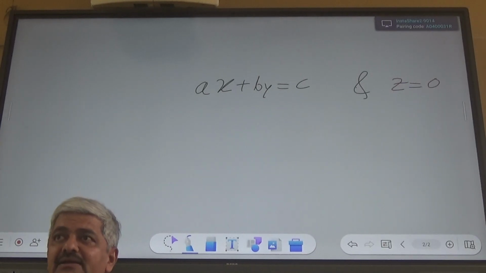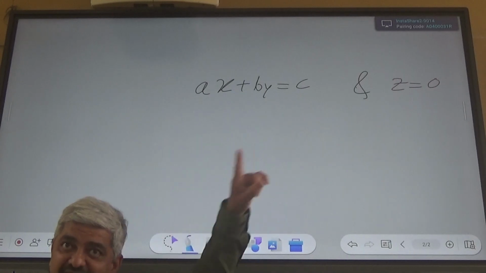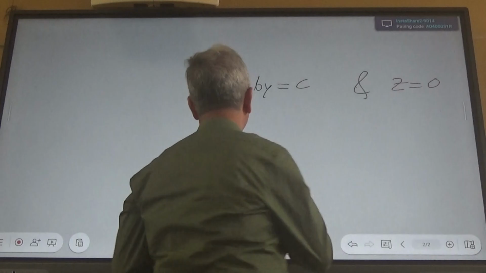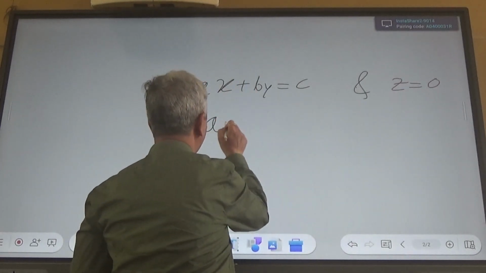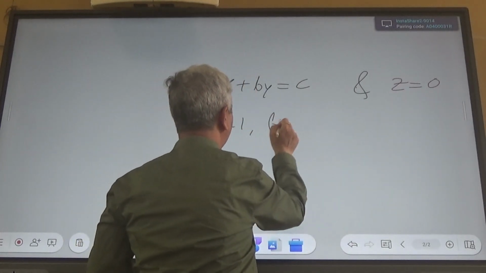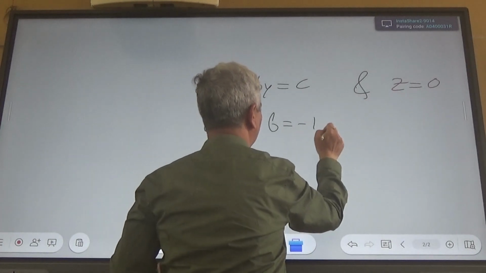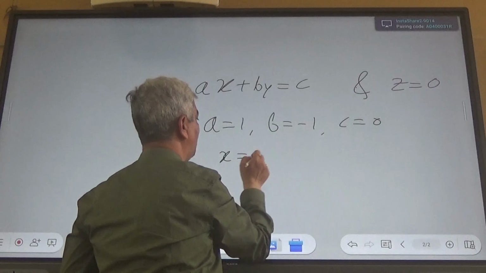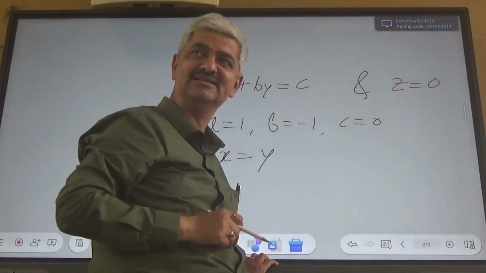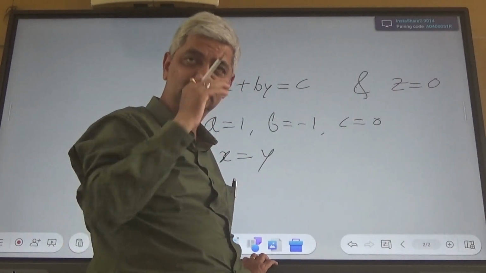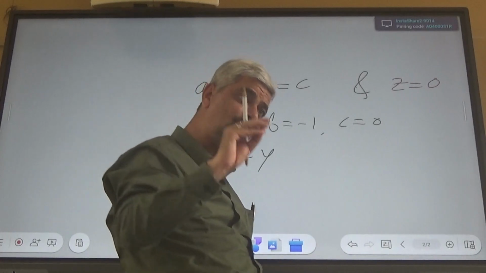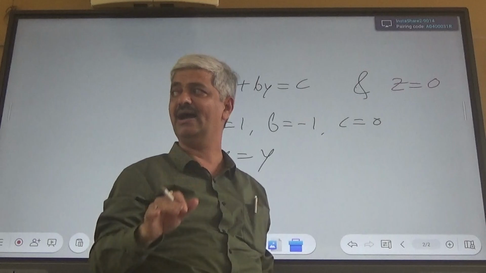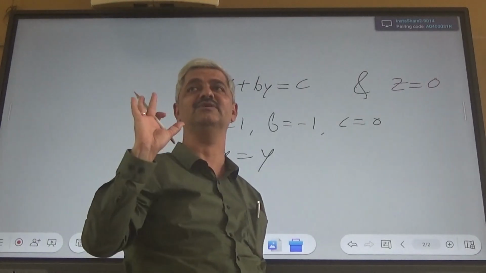They satisfy the condition. Now if I put some values, let us say a equal to 1, b equal to -1 and c equal to 0, what does it represent? It represents x equal to y, right? So all those combinations for which x equal to y are the solutions of this equation.